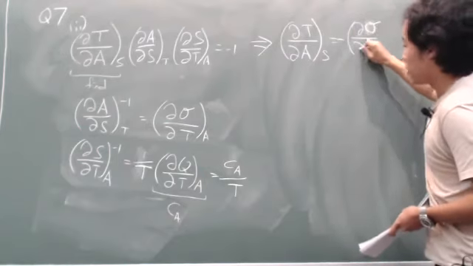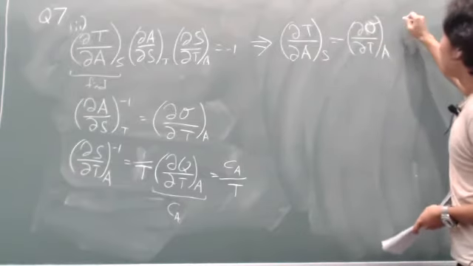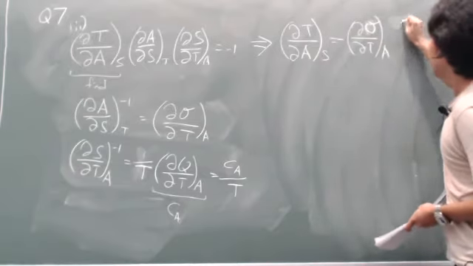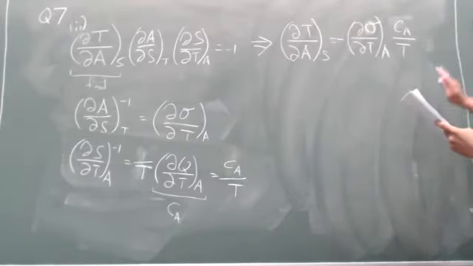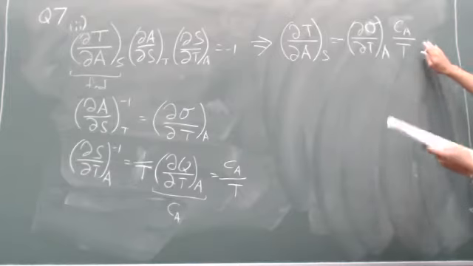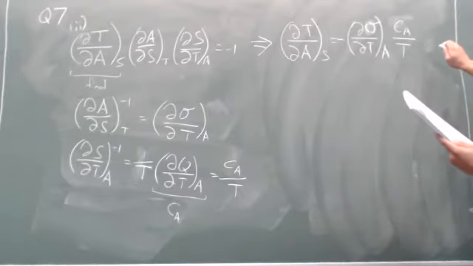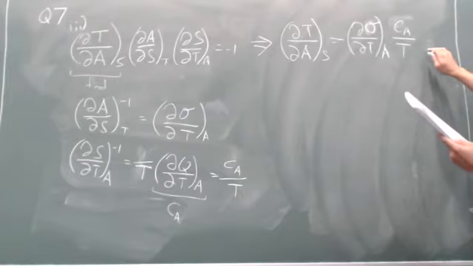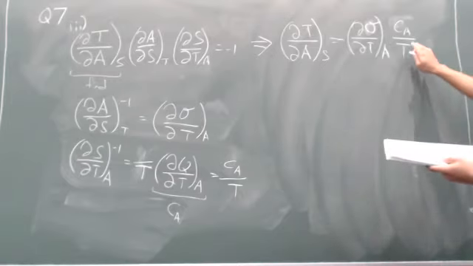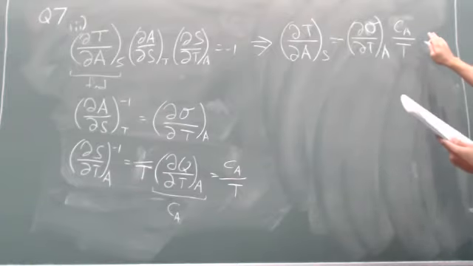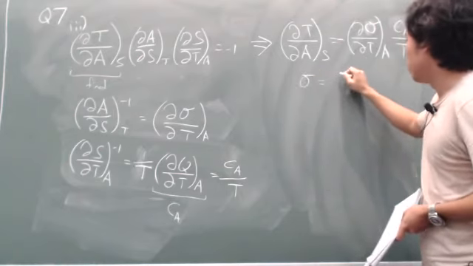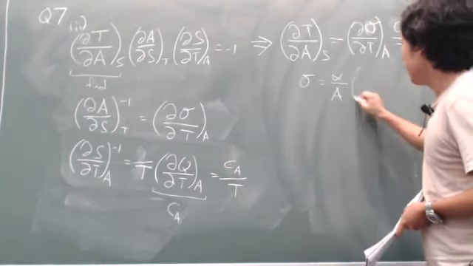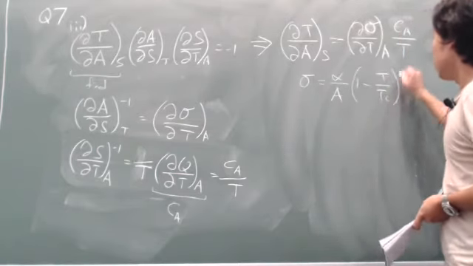The sigma dT at constant A times C_A divided by T. Now you have the expression for sigma. So sigma is still alpha A, 1 minus T on T_C to the power of n.